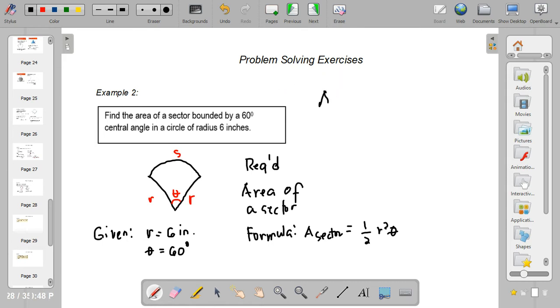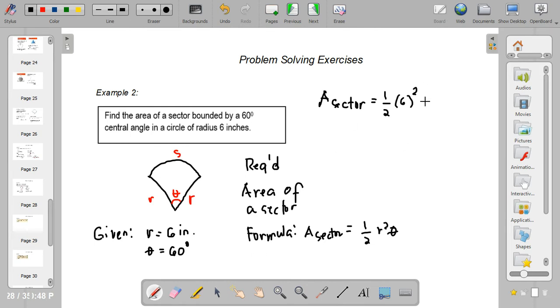So, area of a sector is simply equal to 1 half times what is r? We have 6, and then square, and then we have the theta, which you have to convert to radians, okay?